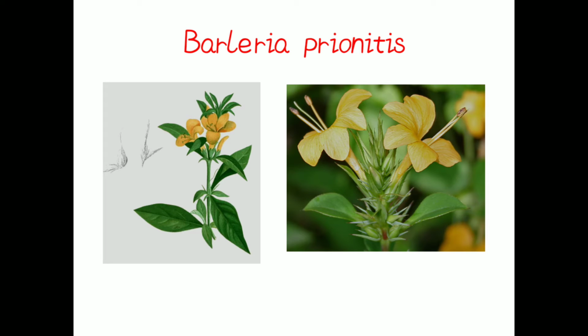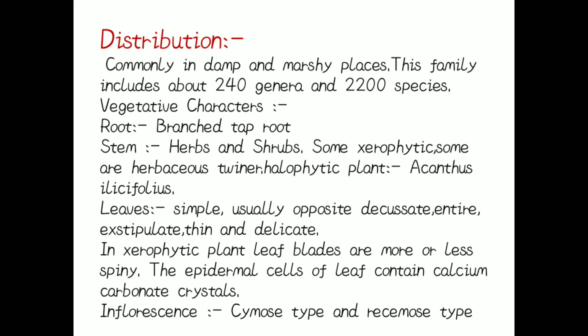These yellow colored flowers and spines are present on the surface of the stem. We can observe these are the leaves, these are the flowers. So this one is the androecium of the flower. Let us discuss more detail about this.